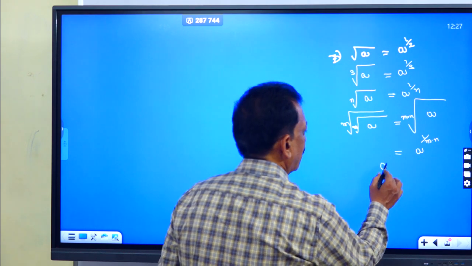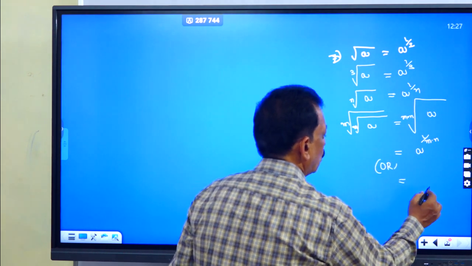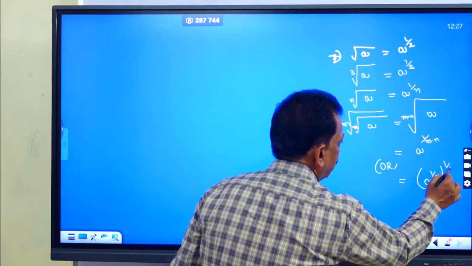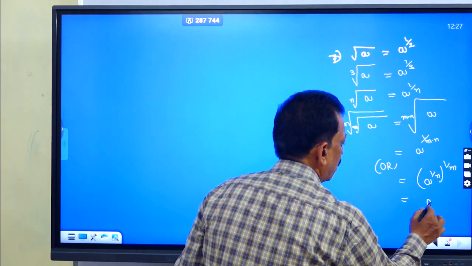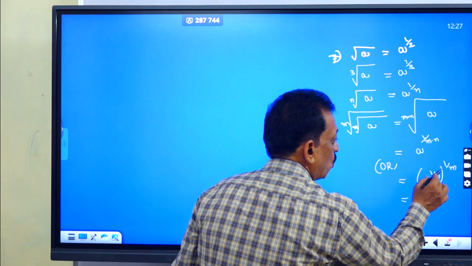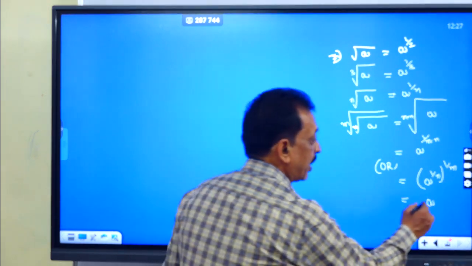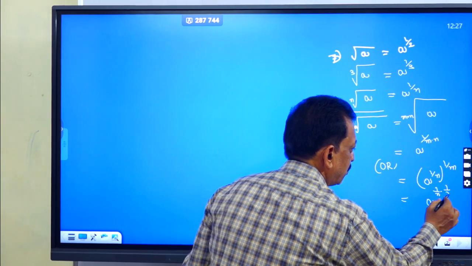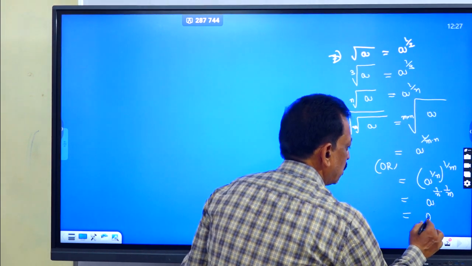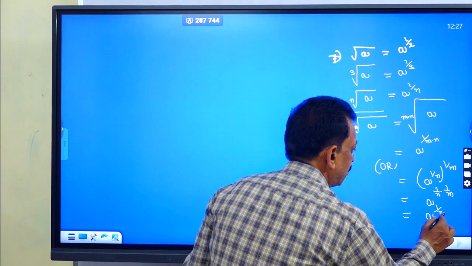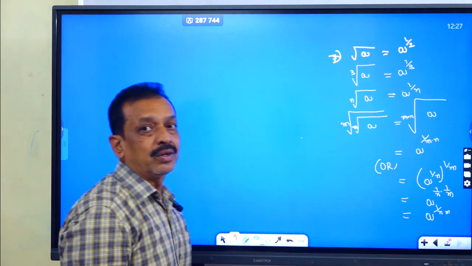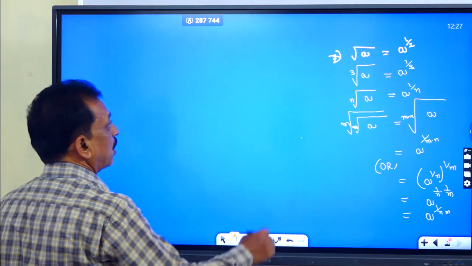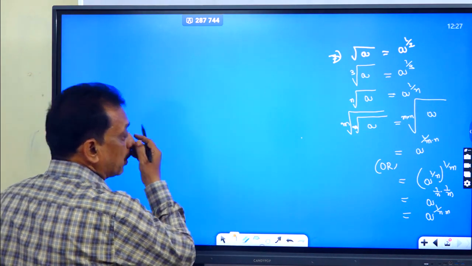So another way you can write, that is equal to a to the power of 1 by n, whole to the power of 1 by m. So a to the power of n whole to the power of m formula, that is equal to a to the power of n into m. So 1 by n into 1 by m, that is equal to a to the power of 1 by n into m. Understanding?